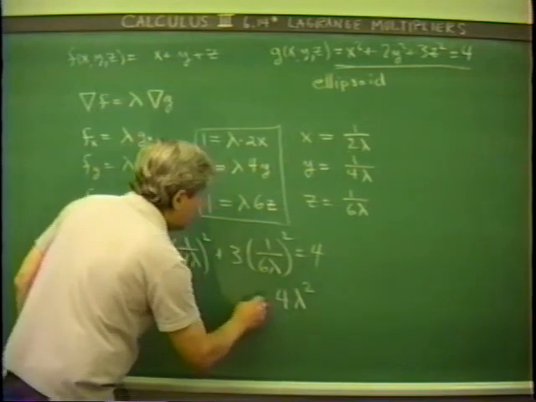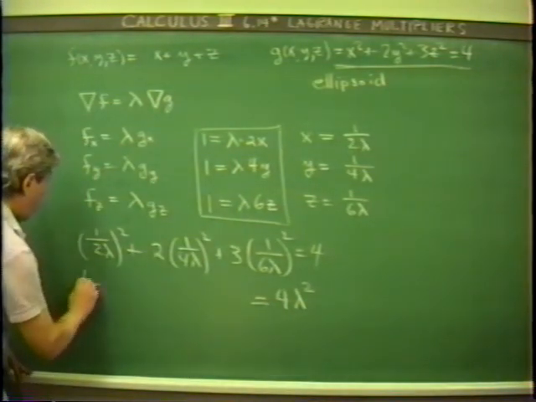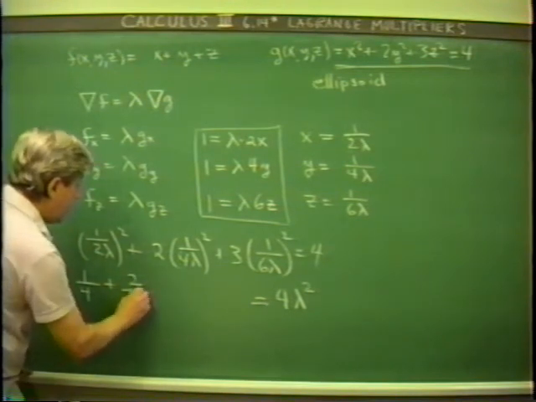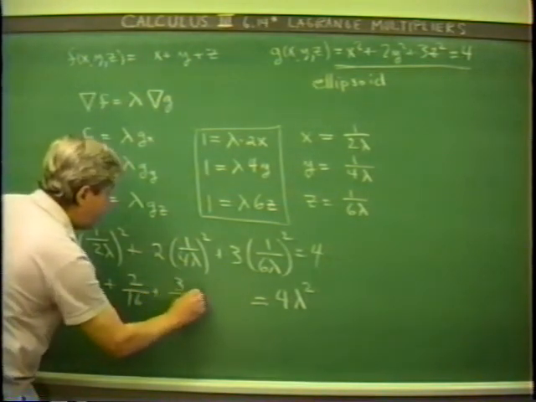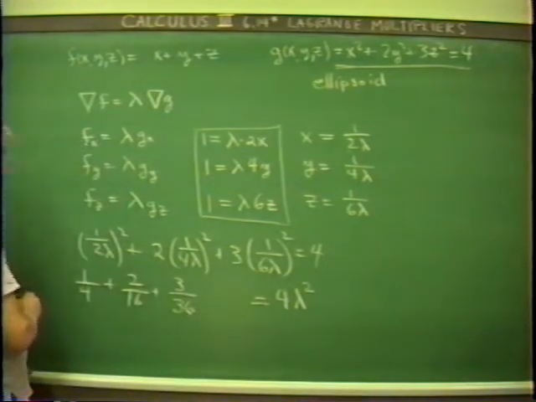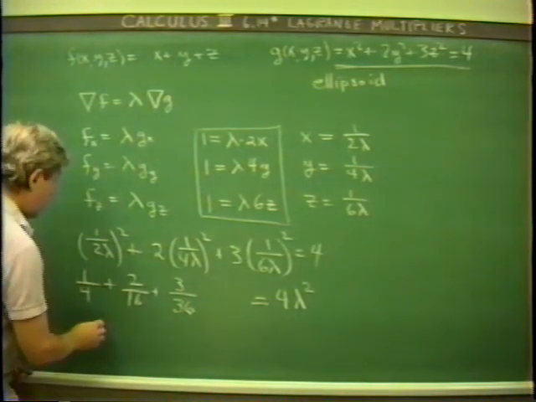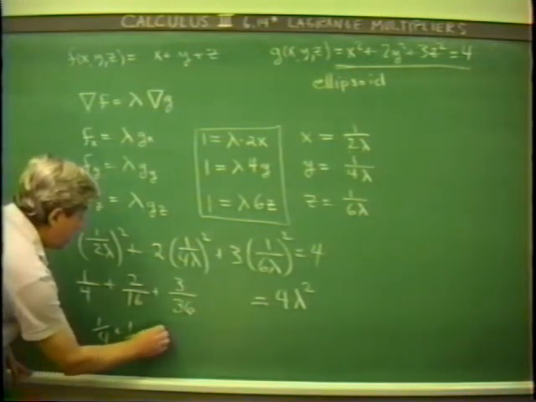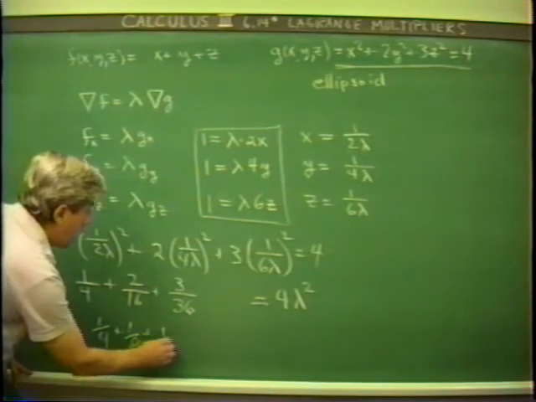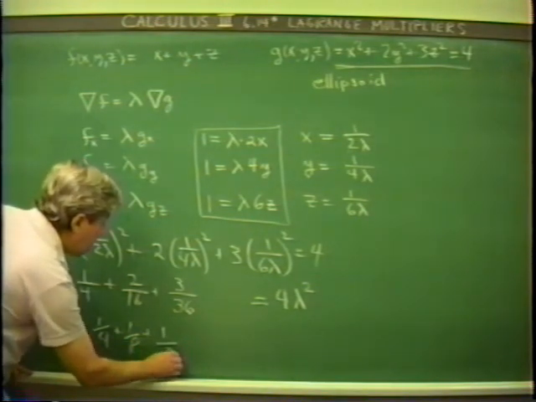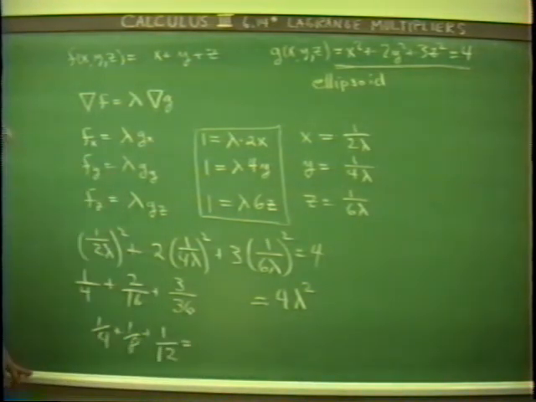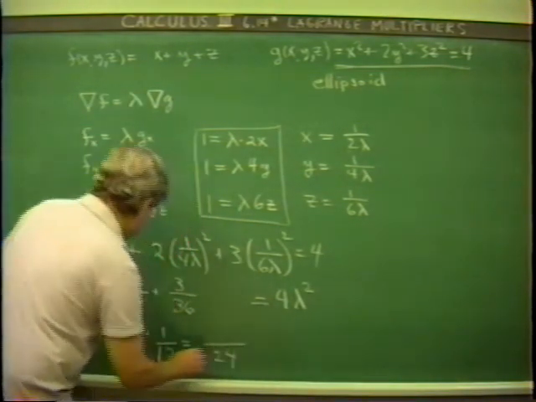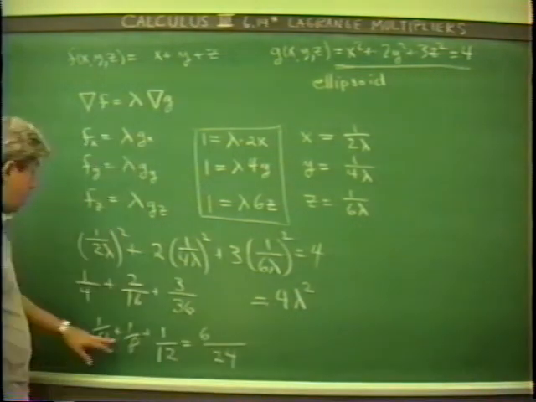That's to say, we get 1 over lambda squared in each case here, so we can write 4 lambda squared is equal to 1/4 plus 2 over 16 plus 3 over 36. That's to say 1/4 plus 1/8 plus 1/12.